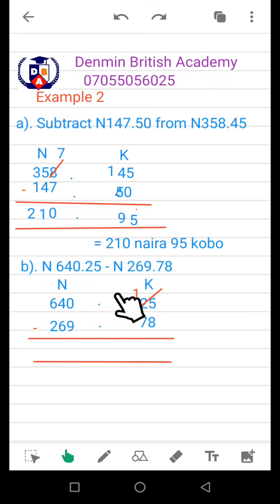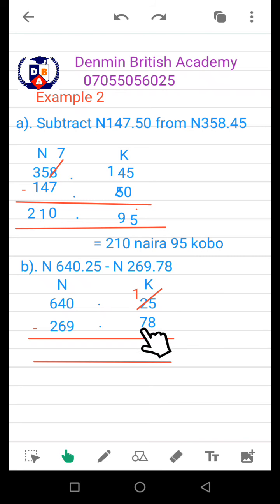Here we'll be left with 2. You put the 1 in front of 5, you have 15. 15 minus 8 gives us 7. Since 1 has been borrowed away, we have 1.